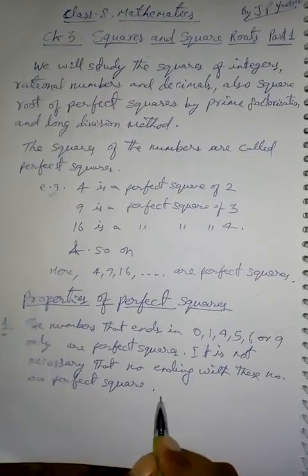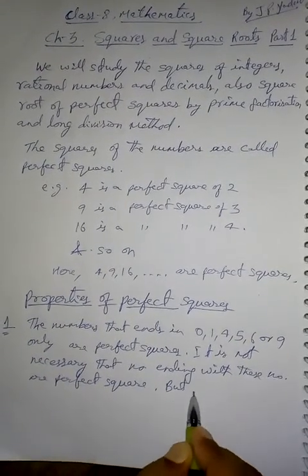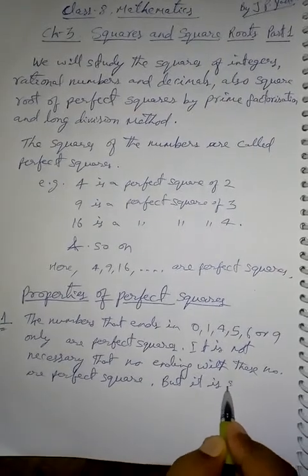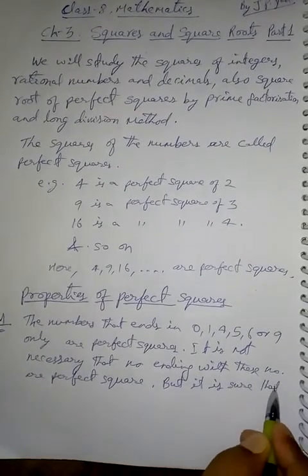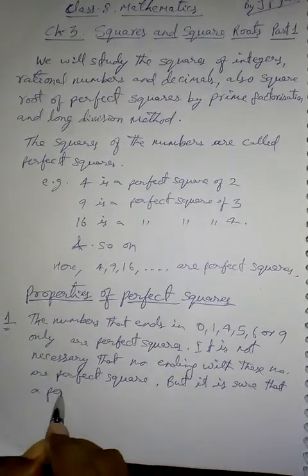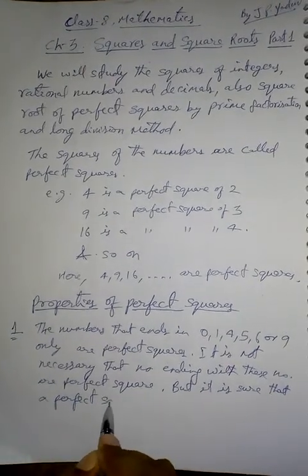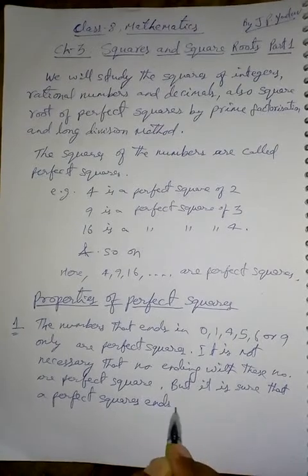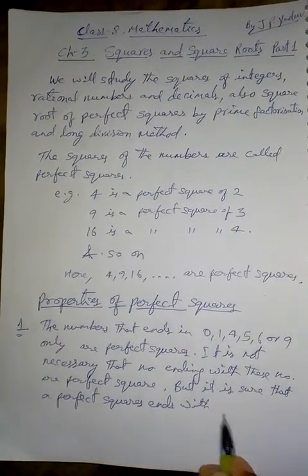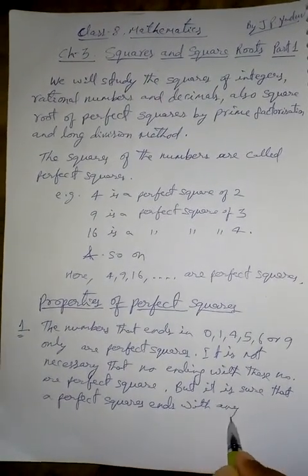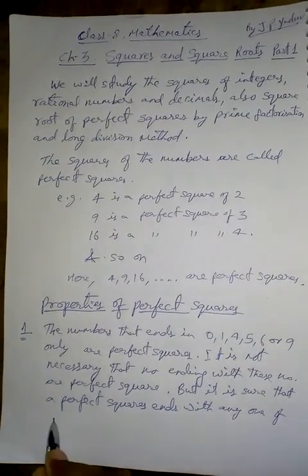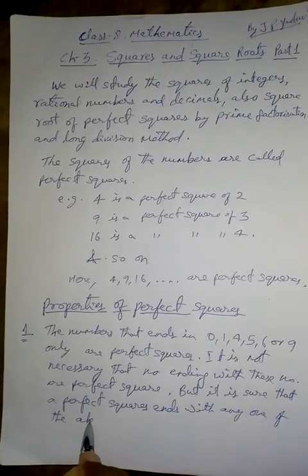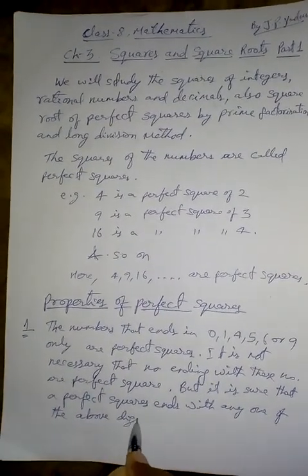But it is sure that a perfect square ends with any one of the above digits.